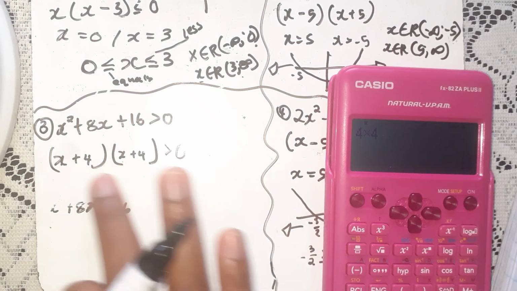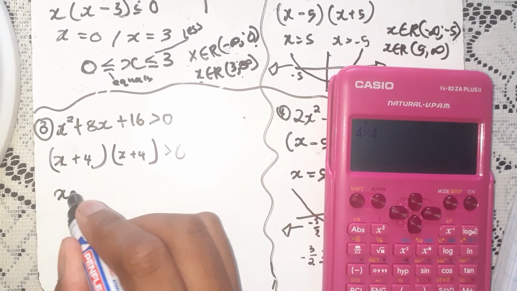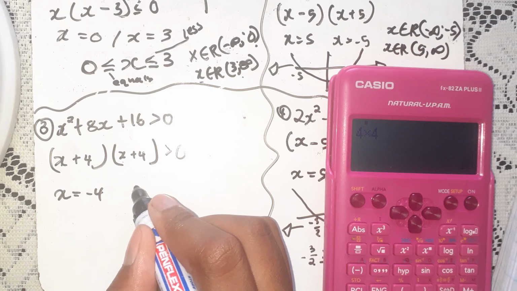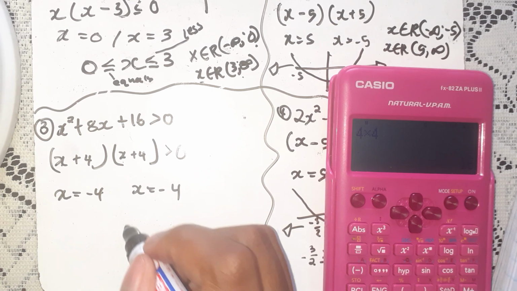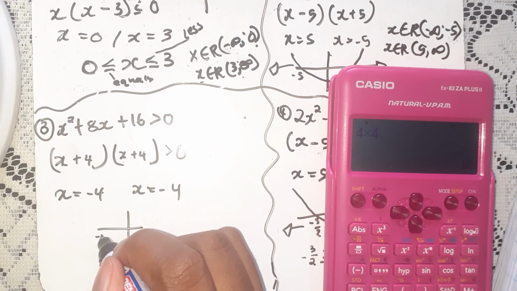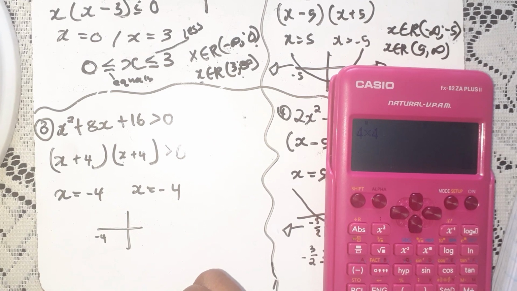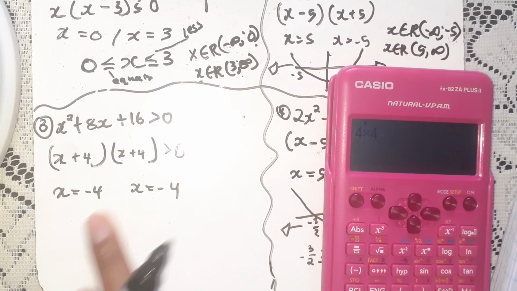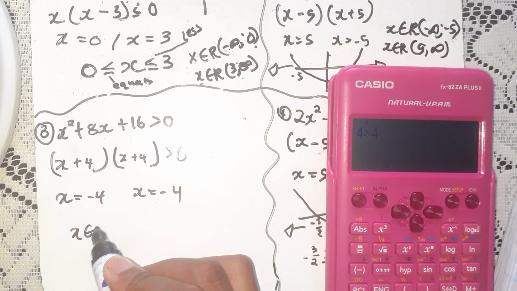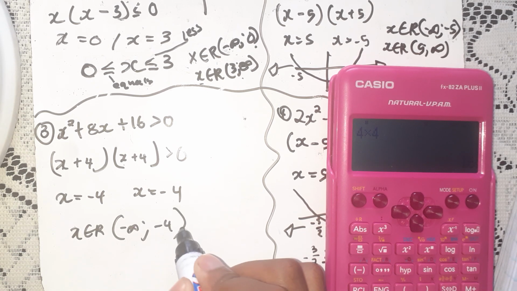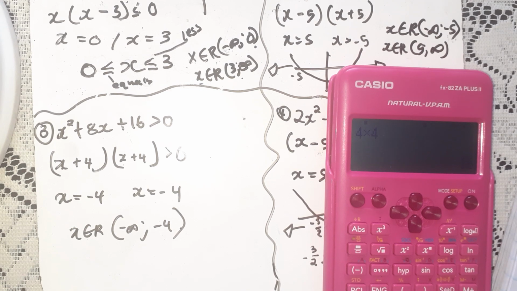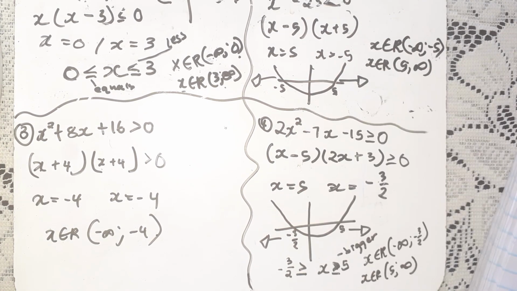So yeah, these factors are okay. So x equals negative 4 and x equals negative 4. So when you do it, negative 4 is here. So we will have x is an element of the real numbers from negative infinity to negative 4, like that for both answers.